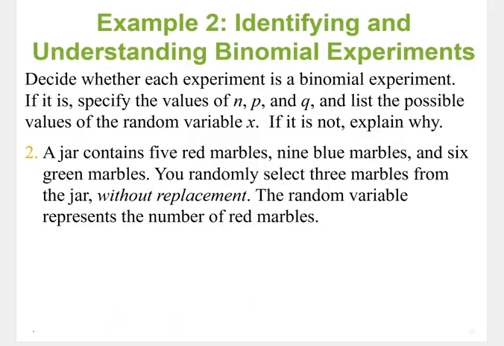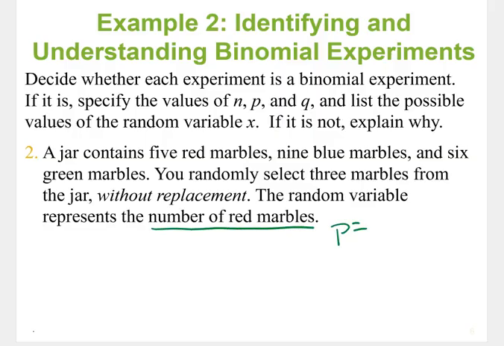All right, next example. A jar contains 5 red marbles, 9 blue marbles, and 6 green marbles. You randomly select 3 marbles from the jar without replacement. The random variable represents the number of red marbles. So we could easily find the probability of us getting a red marble, which I guess would be considered our success, right?